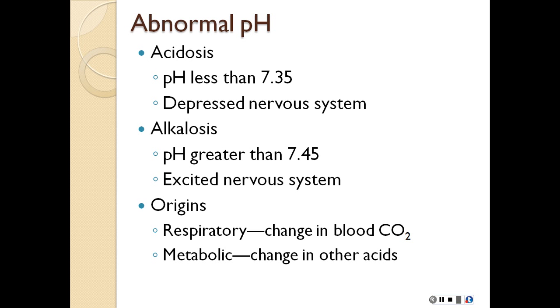Good. And then metabolic. So sometimes the acidosis and alkalosis have nothing to do with CO2. It may have to do with the overproduction of acids, as occurs with diabetics. So if a person has diabetes mellitus, they're not getting glucose into the cells, so the cells start breaking down fats and produce keto acids as a result.